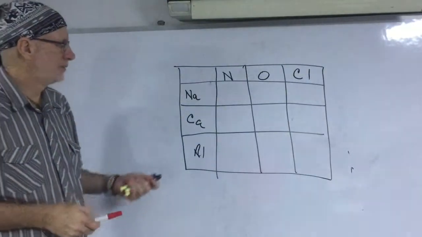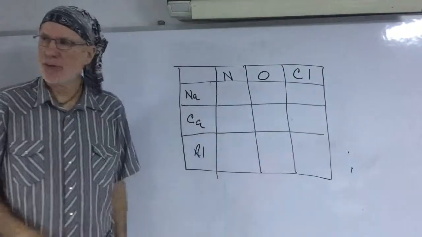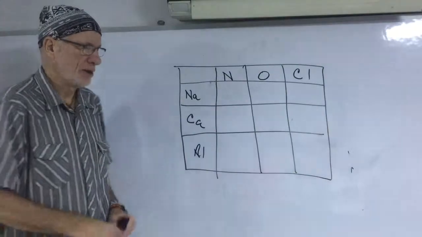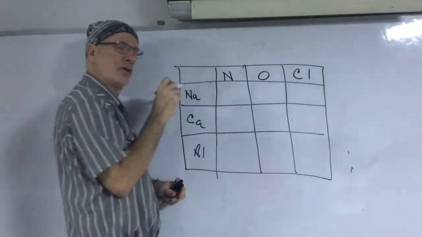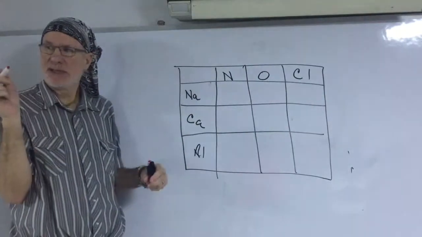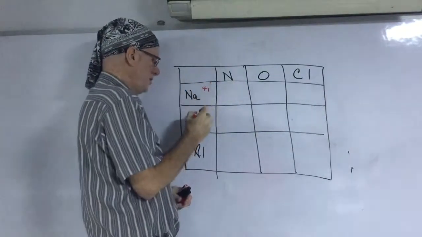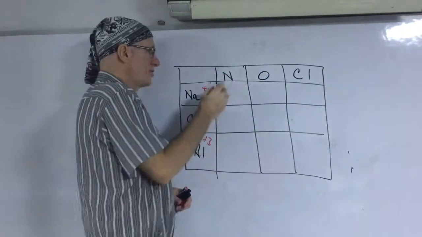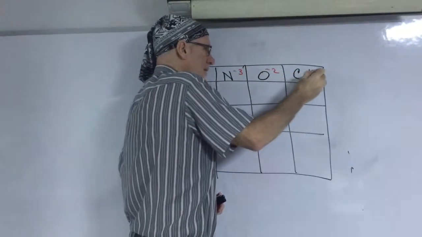So, what is the formula for the first one? Anybody? All right, you want to do the charges? What's the charge of sodium? No, the formula is it, not the name. What is sodium? +1, +2, +3, -3, -2, -1.